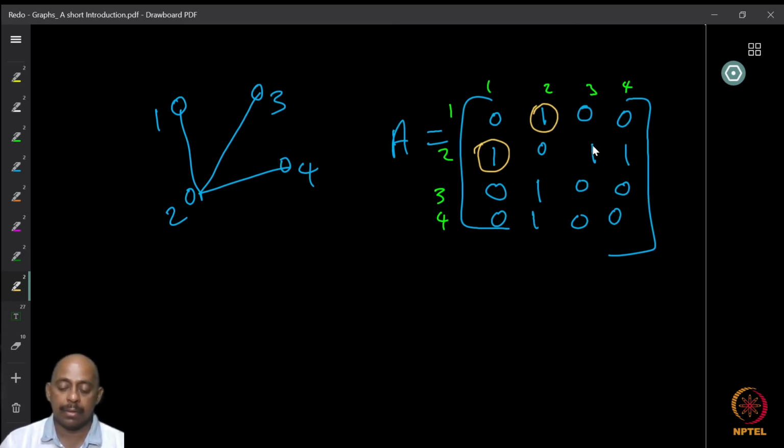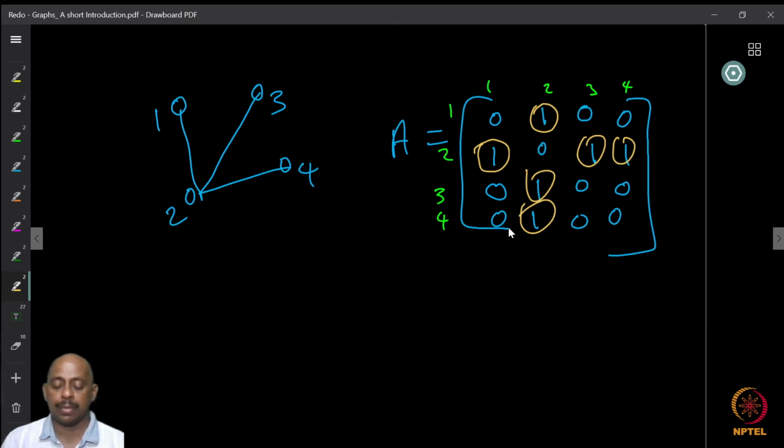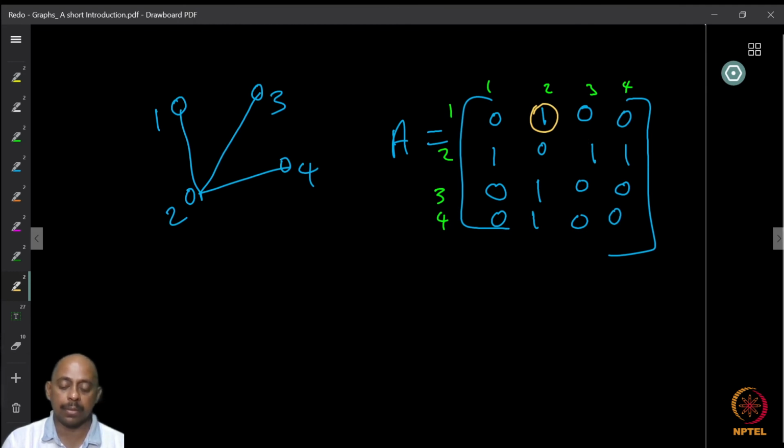Similarly, 2, 3 is an edge, so therefore this, and 2, 4 is an edge, therefore this one. Similarly, 4, 2 and 3, 2. So these are the non-zero entries, and the remaining entries are all 0. So therefore, I have the adjacency matrix.